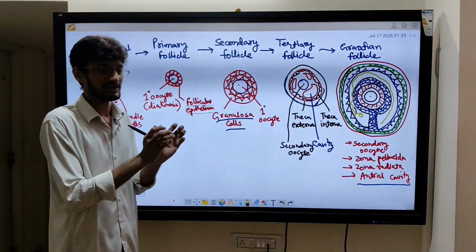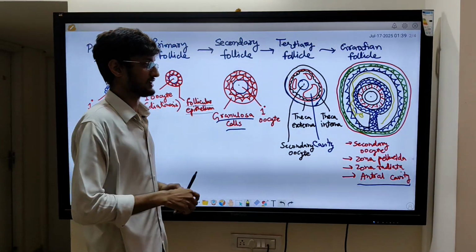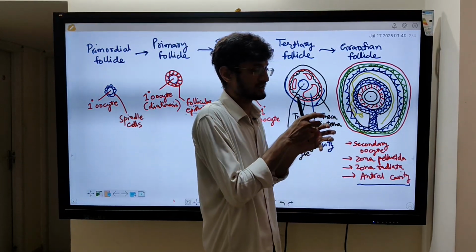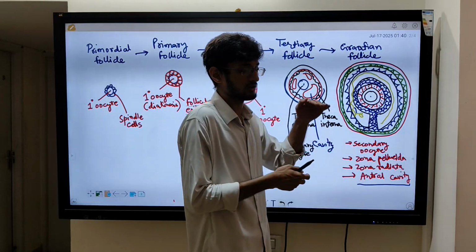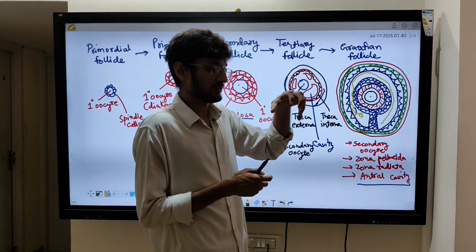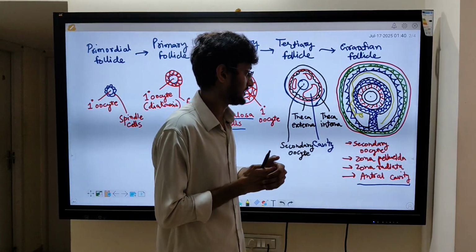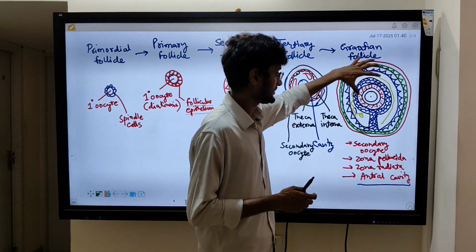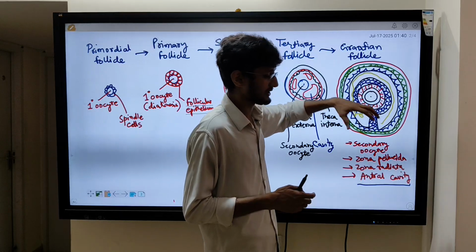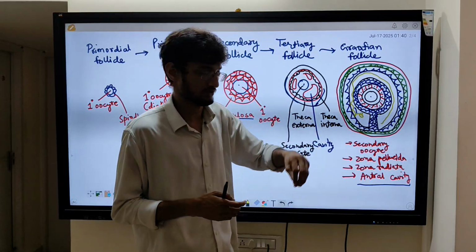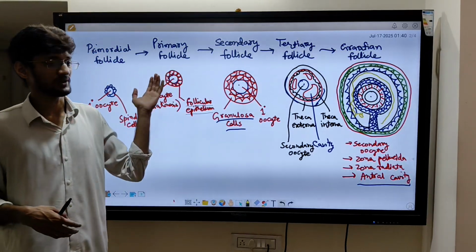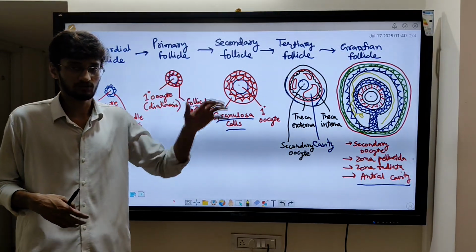So you can see in the Graafian follicle there is a large antral cavity, and most of the cells are located at one side of the follicle. This portion is known as the germ hill, and you can see that most of the cells are located at one pole of the follicle. So this was basic knowledge about the different types of follicles.